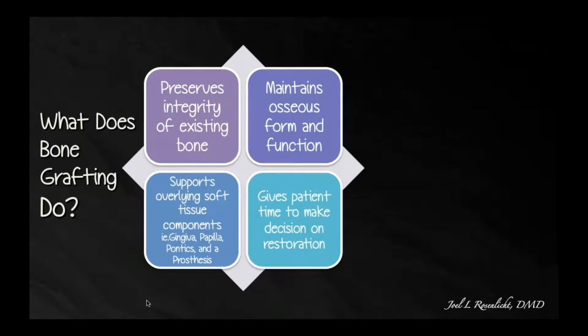It supports our overlying soft tissue and any components we put on it, even if it's just going to be some type of conventional bridge or denture or a partial. And if we do some bone grafting and patients are unsure of what the treatment plan is going to be, at least we've maintained the ridge to give them an adequate amount of time to decide on what the future restorative process might be.